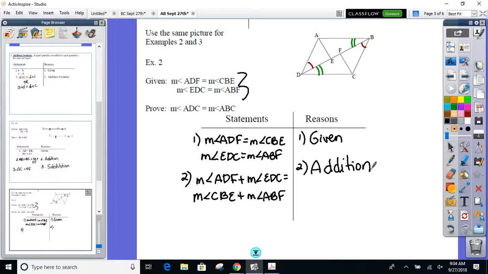I asked you to prove these whole angles. So what is another name for ADF plus EDC? ADC. So the measure of ADC is equal to, what's another name for CBE plus ABF? ABC. And what gave me the ability to write that? Substitution.